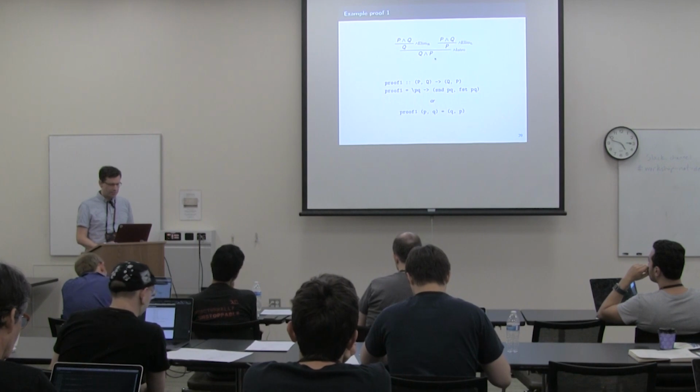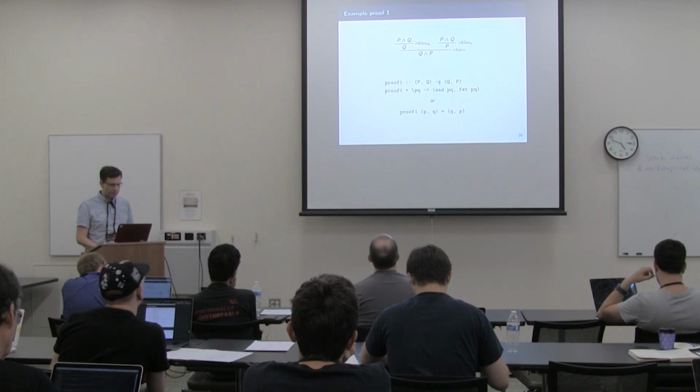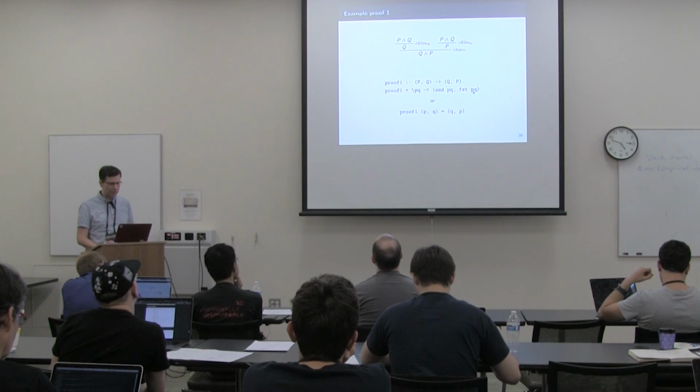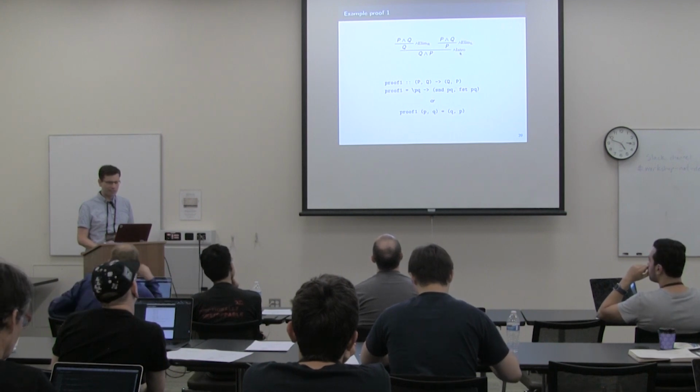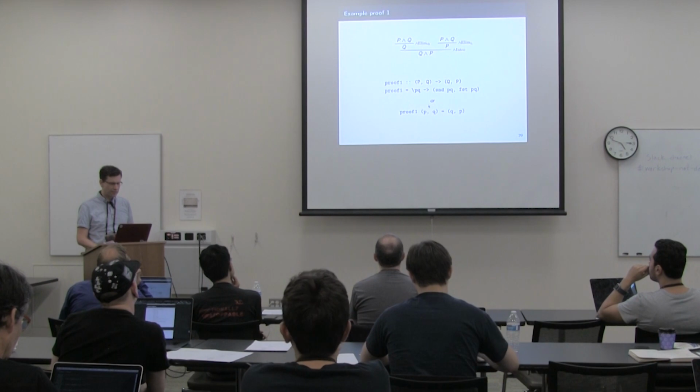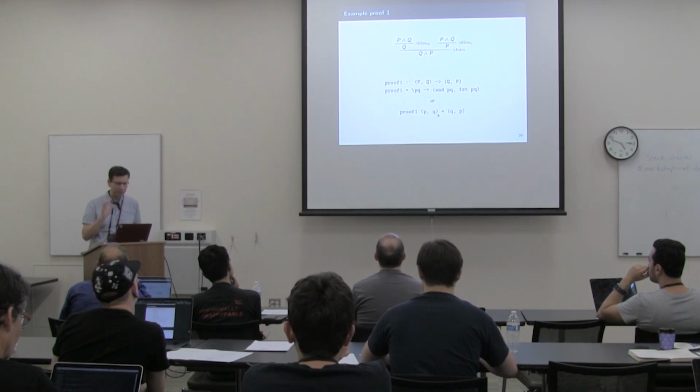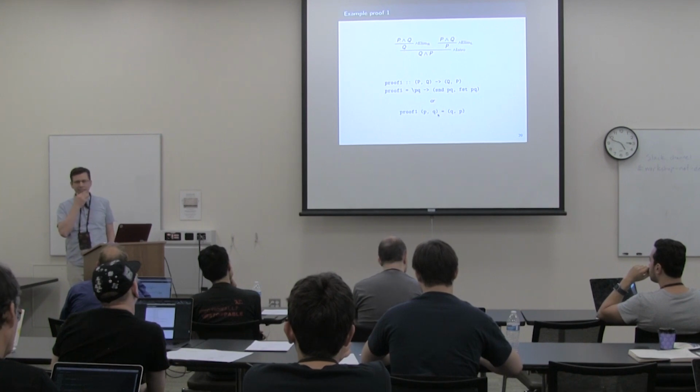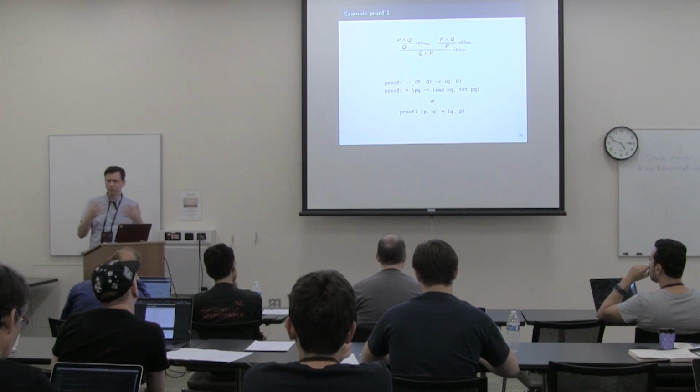And then we do the and elimination right. That's second applied to PQ. The and elimination left is first applied to PQ. And then we pair them together, which is and introduction. And then I can simplify that proof a little bit by using pattern matching. It's equivalent to this. I've just simplified it, so I'm pattern matching on the pair of P and Q and returning Q and P. Then it becomes really obvious that what we're doing is swapping them around.